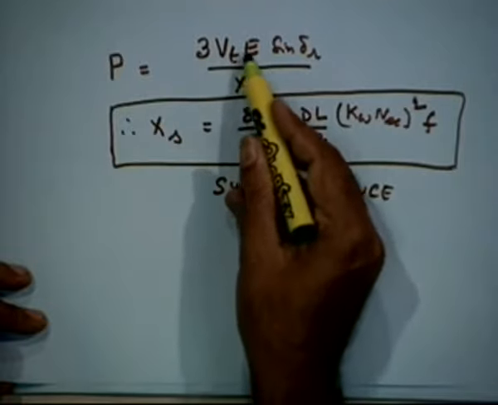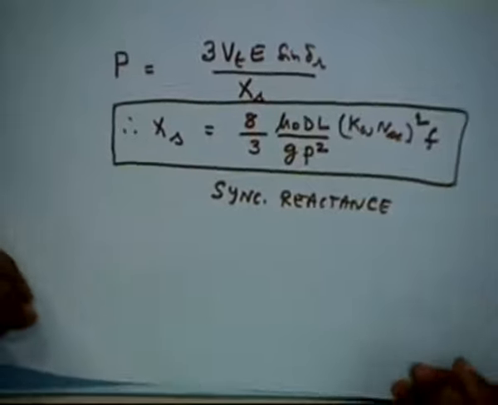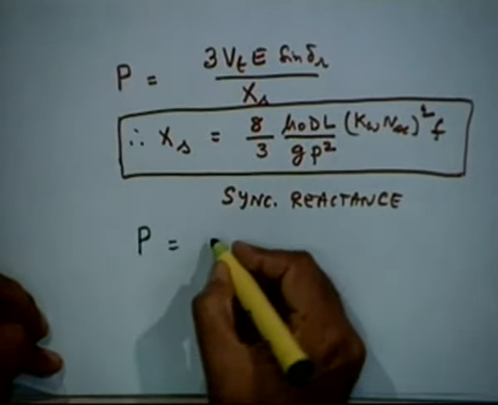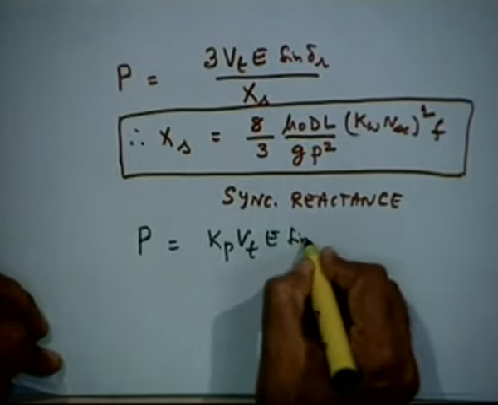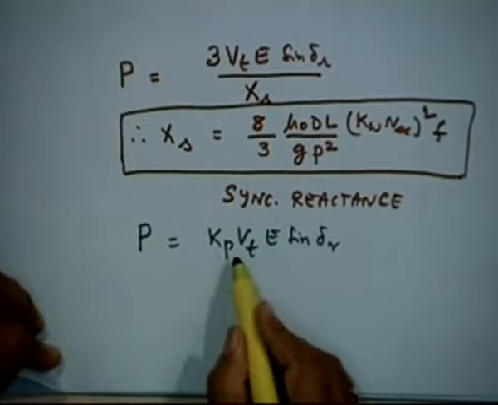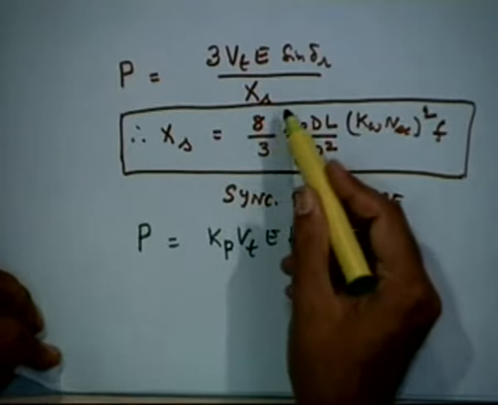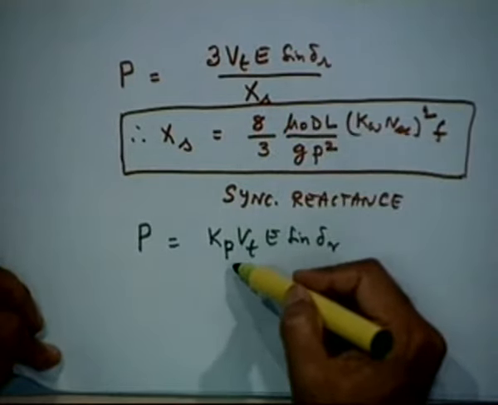Now, if I have the old expression, we defined P as equal to Kp Vt E sin delta R. By comparison, we can find out what this Xs is. Xs will be the reciprocal of Kp, isn't it? Xs will be 1 by Kp.